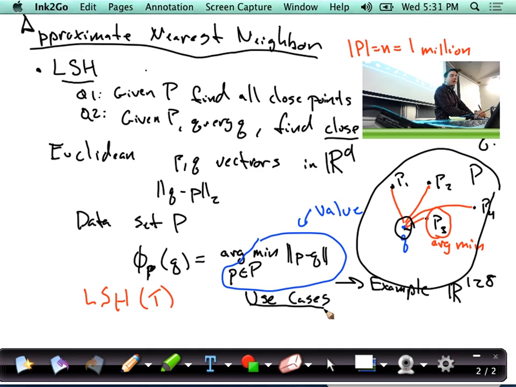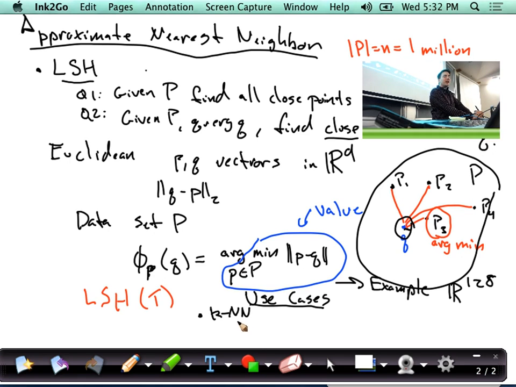So nearest neighbor is a very central building block for a lot of tasks in data mining and machine learning. In machine learning, one of the very basic classifiers is called a KNN classifier, where you have a data point you want to predict, and you have a data set of things that you know about.